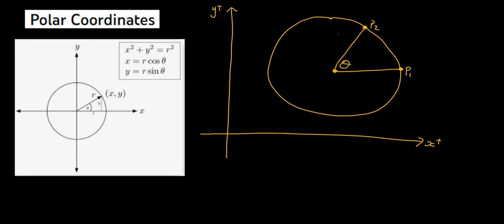We're going to have an angle, and that is a function of t. We say that's positive, and it's going to move in this direction. Now I'm going to introduce my polar coordinates.